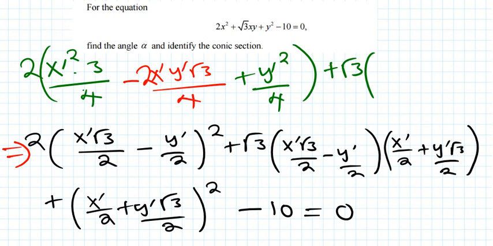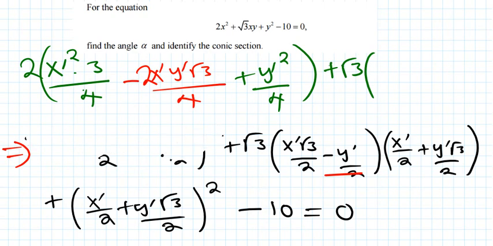Okay, this part multiplied by that, again you get this part multiplied by that part. So I've given an example on how you do this on the first part. I believe you are able to simplify the other parts on your own.